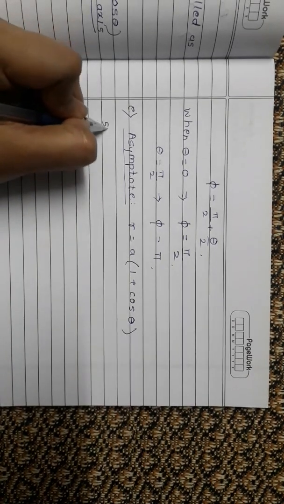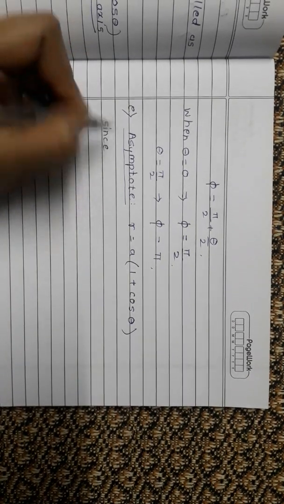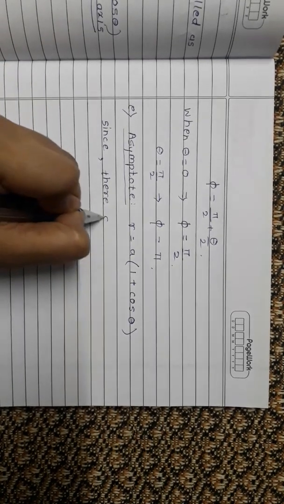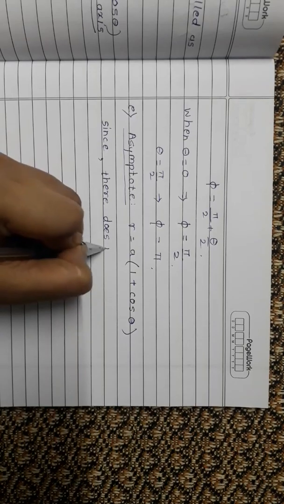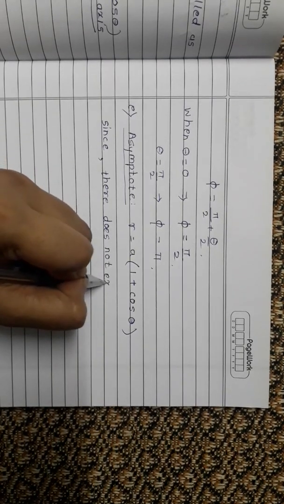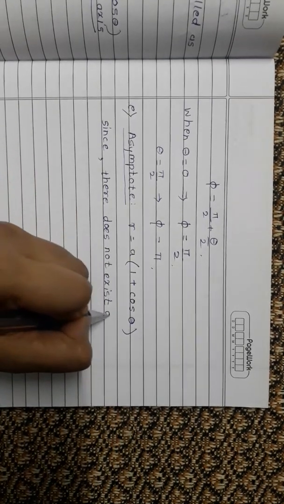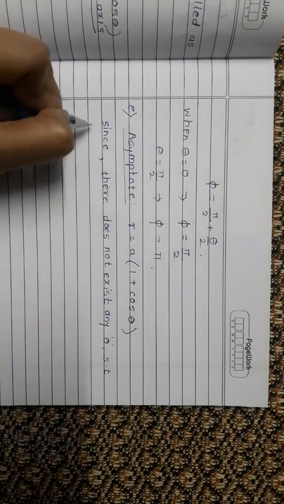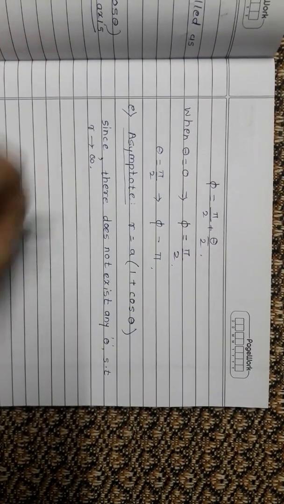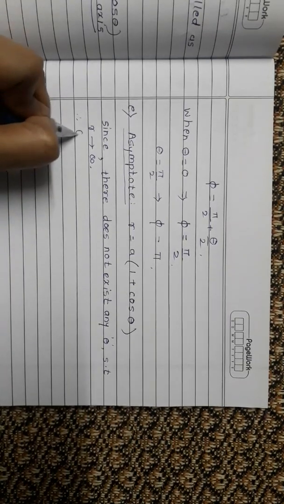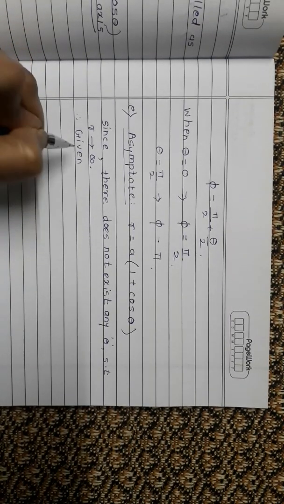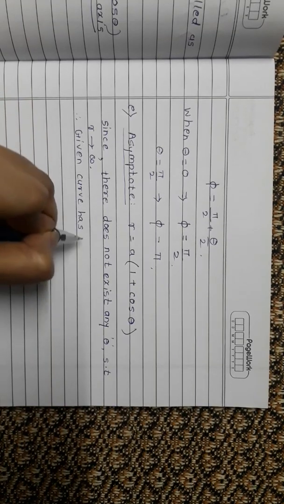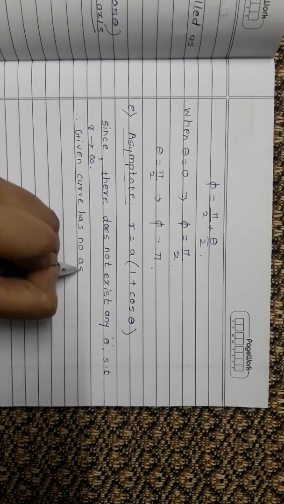So since there does not exist any theta such that r goes to infinity, therefore the given curve has no asymptote.